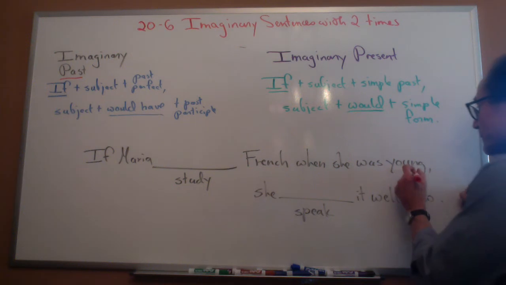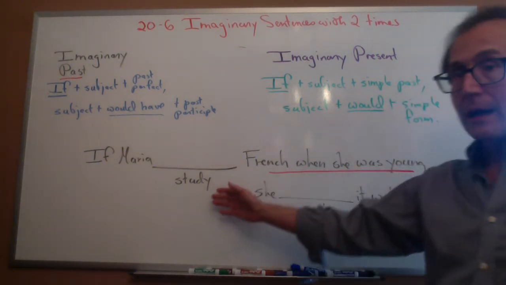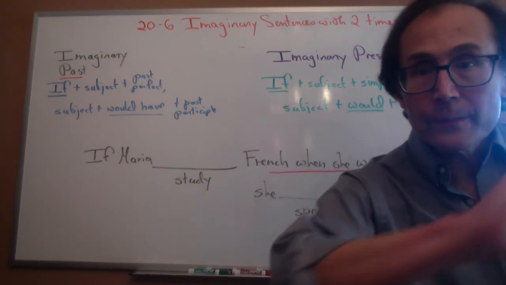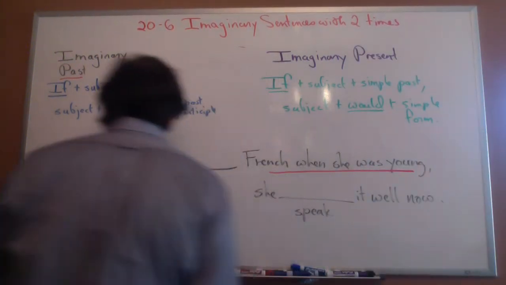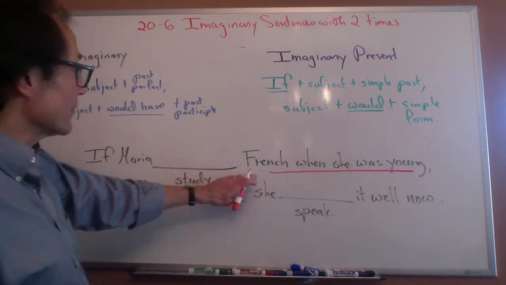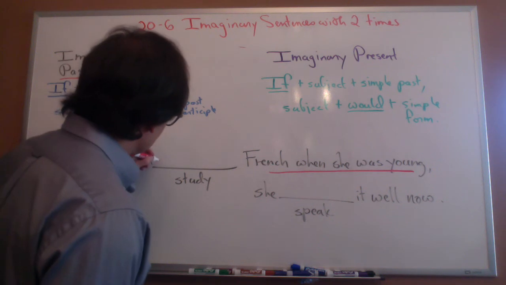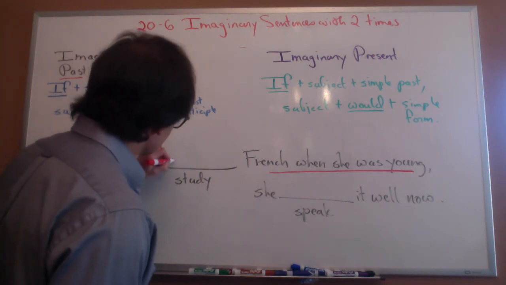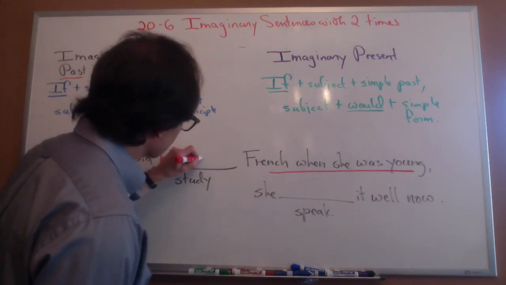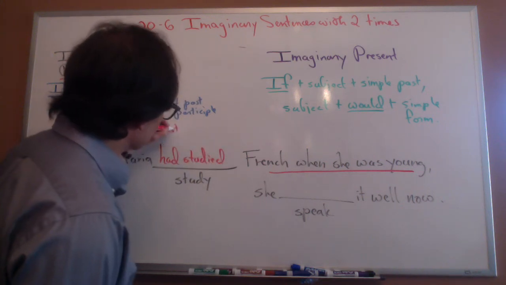Here, this first part of the sentence again is past. And so I would say, if Maria had studied French when she was young, for the past, I'll use past perfect.